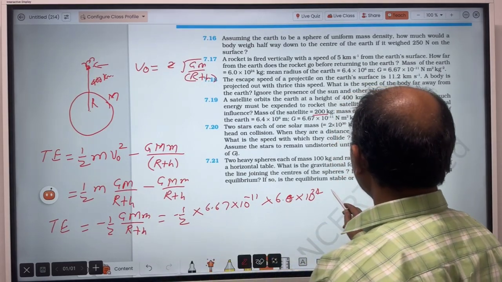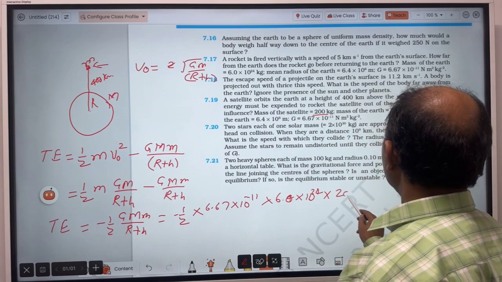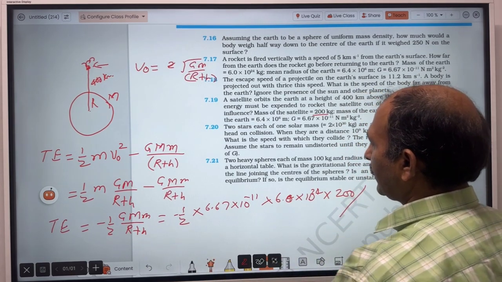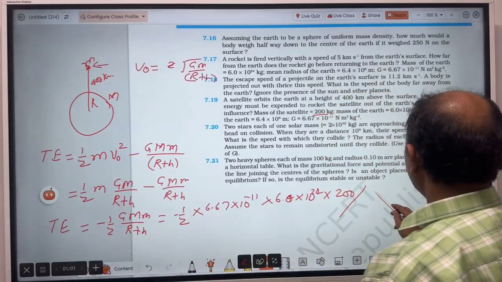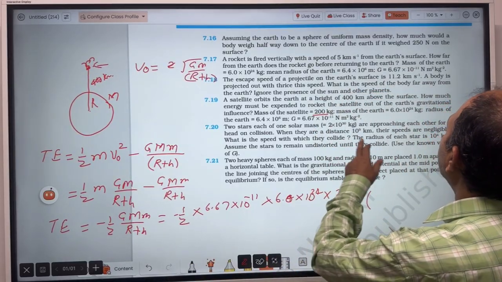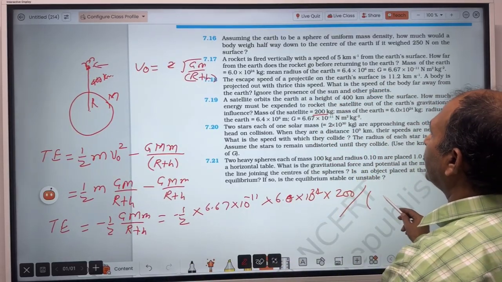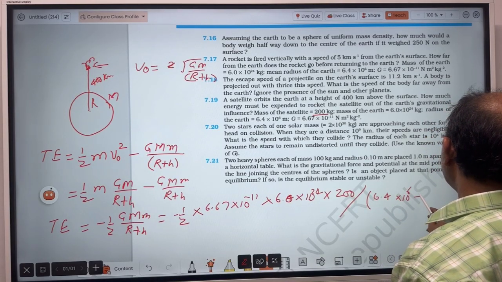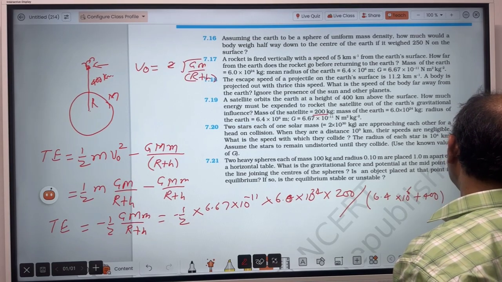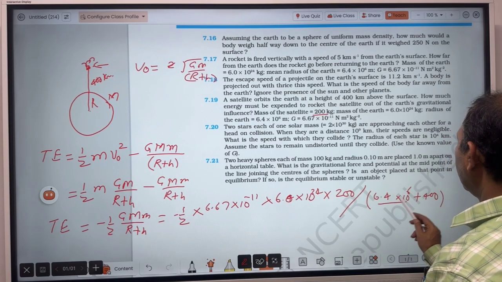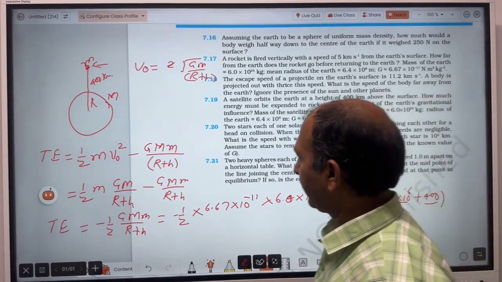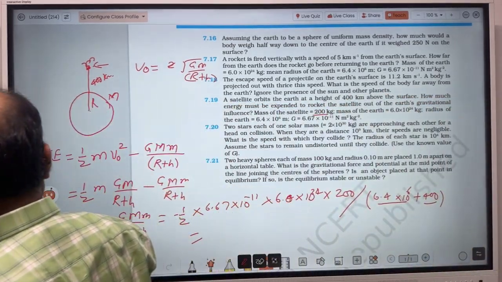So GM into mass of satellite, 200, whole divided by R plus H. Radius of Earth is given, 6.4 into 10 to the power 6 plus 400. With respect to this value, 400 is negligibly small, so you can ignore it and just evaluate.